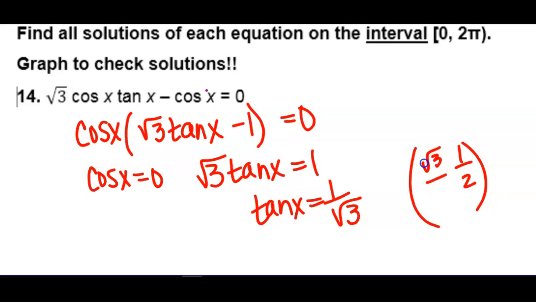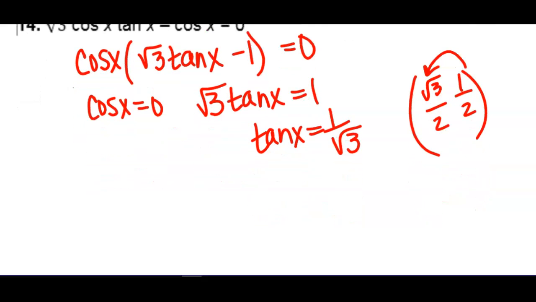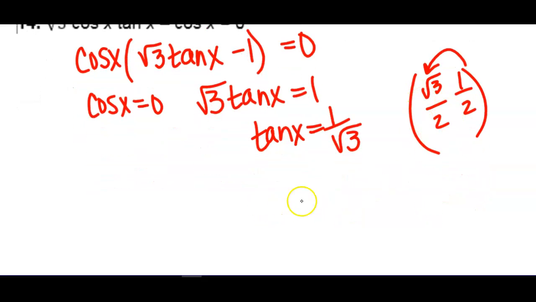We need to find this ordered pair, either both positive or both negative, to have this be the tangent, because it's y over x. So that ordered pair happens at pi over 6, and if they happen to both be negative, then it would happen at 7 pi over 6.